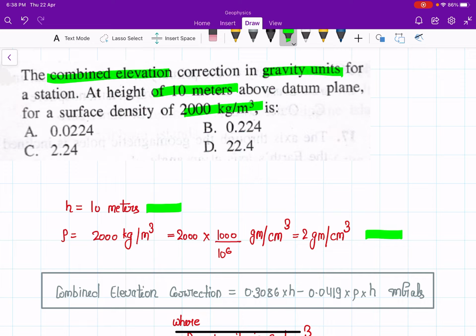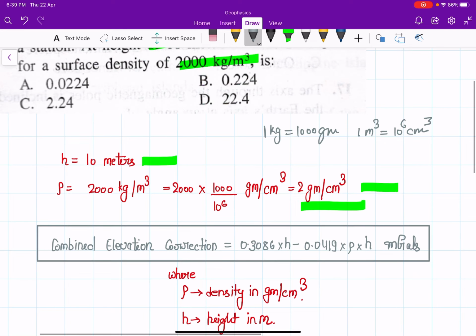So that will become 2 gram per centimeter cube, because as you know 1 kilogram will be 1000 gram and 1 meter cube will be 10 to the power 6 centimeter cube.